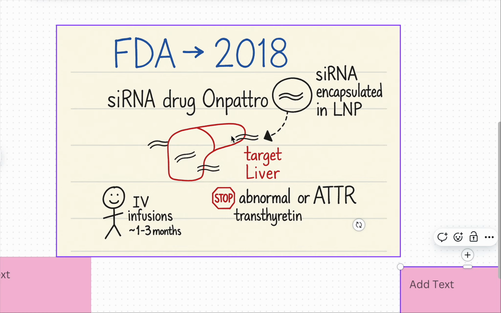Generally, the life expectancy is 3 to 4 years, but if we use IV infusions of these siRNA encapsulated lipid nanoparticles and stop this protein from being produced, given every 1 to 3 months, it has clinically produced some magnificent results.